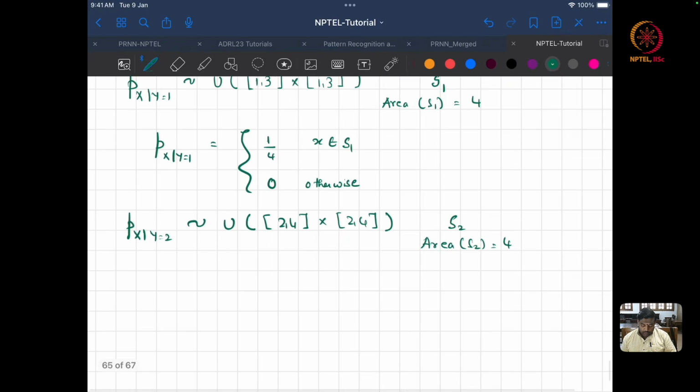And then the probability of x given y equal to 2, for any given x, should have specified here x. I'm sorry, I'm abusing a lot of notation. Now, I assume that all of you are able to recognize these abuses. This is 1 over 4 for x belongs to S2, 0 otherwise.